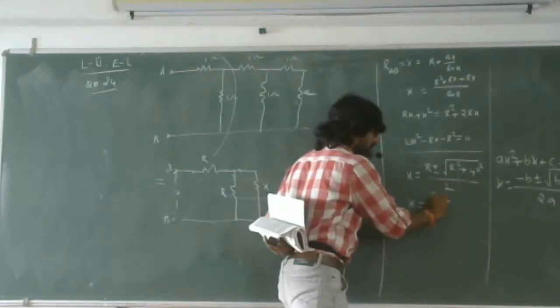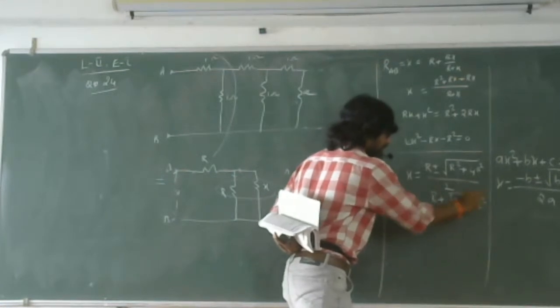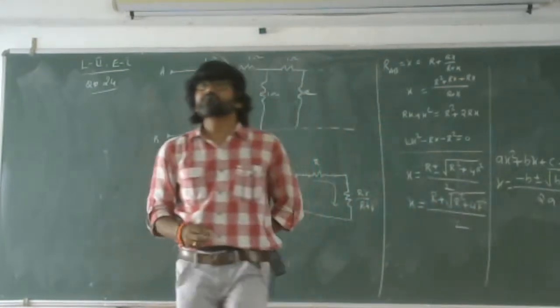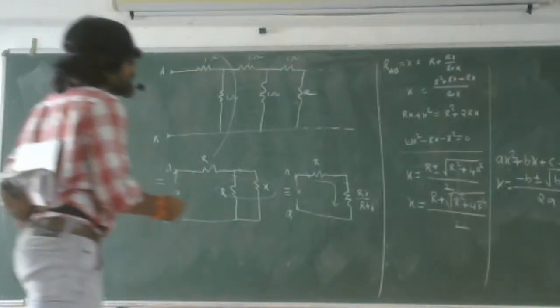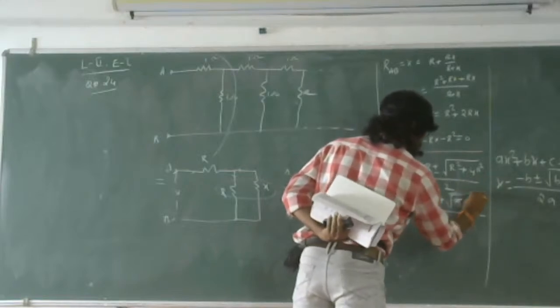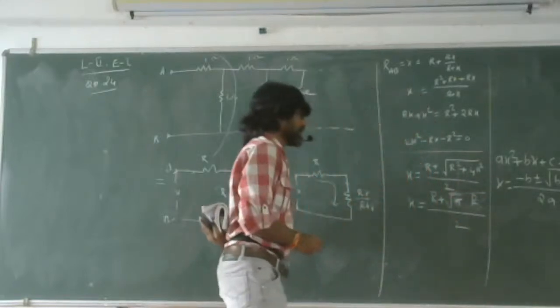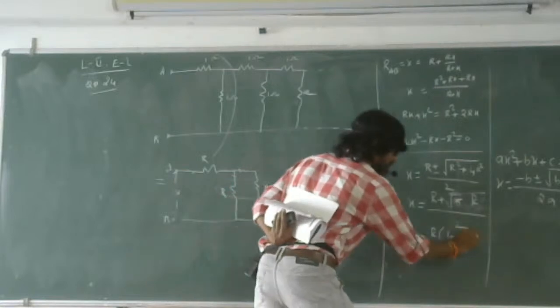So it is equal to R plus square root of R square plus 4 R square by 2. Yes. So here R you can take out and write 1 plus root 5 by 2.